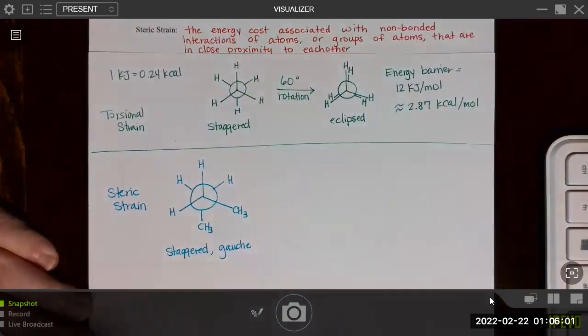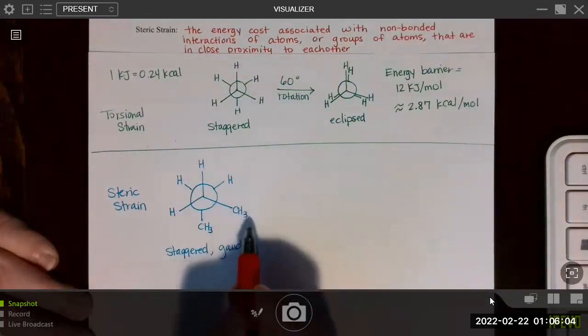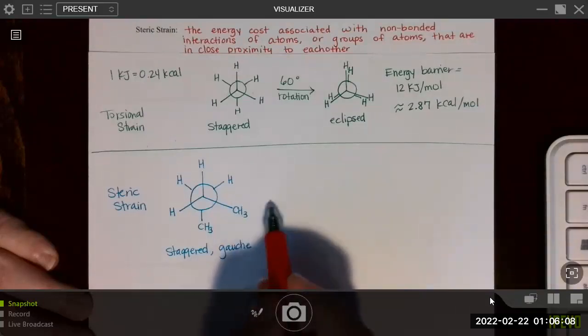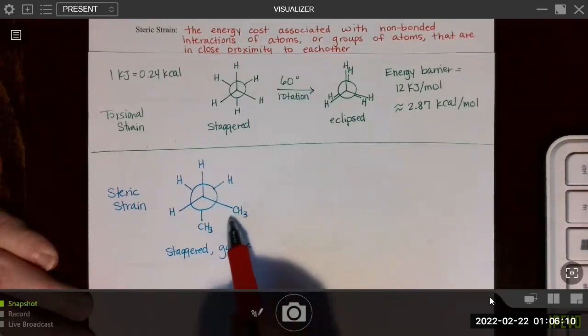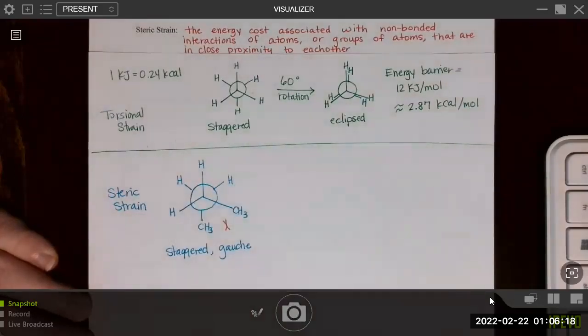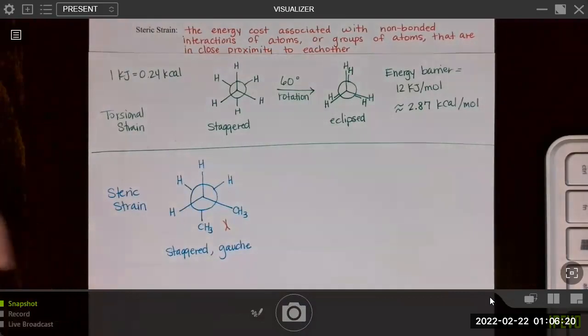And that's because the two methyl groups, even though it looks like they're small because I just wrote CH3, remember this is a carbon attached to three hydrogens. So the one that's pointing over here is going to be running into the hydrogen that's pointing this direction from the other methyl group. These are actually pretty close together. And if you look at a space-filling model, you can actually see that.